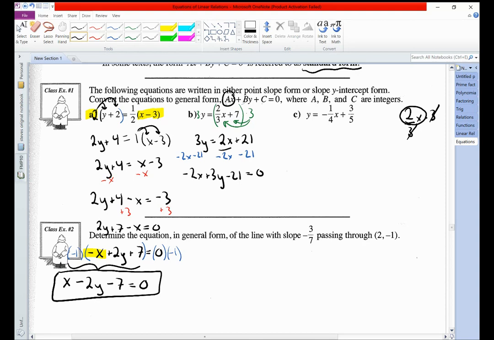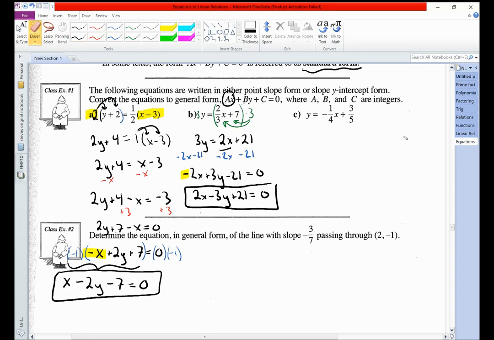You can see that we have a negative sign in front of our x term, so we can multiply the whole thing by -1. That switches all the signs. So it's positive 2x minus 3y plus 21, and that equals 0. So this is general form or standard form.